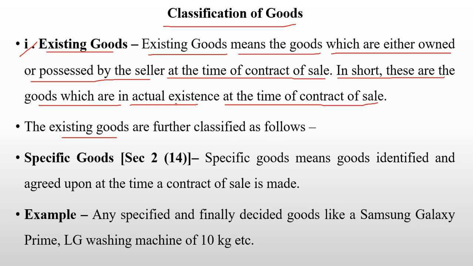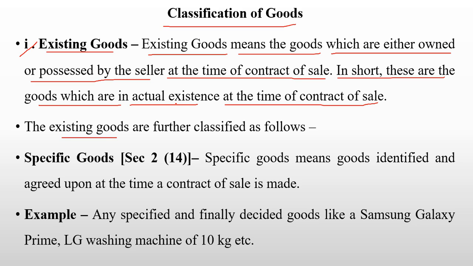When the contract happens, whatever goods you want to sell to the buyer at that time are called existing goods. If the goods are with you at present, it is called existing goods.